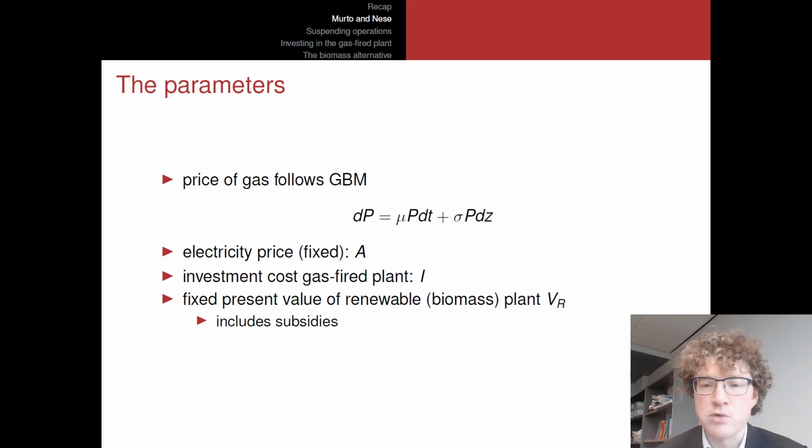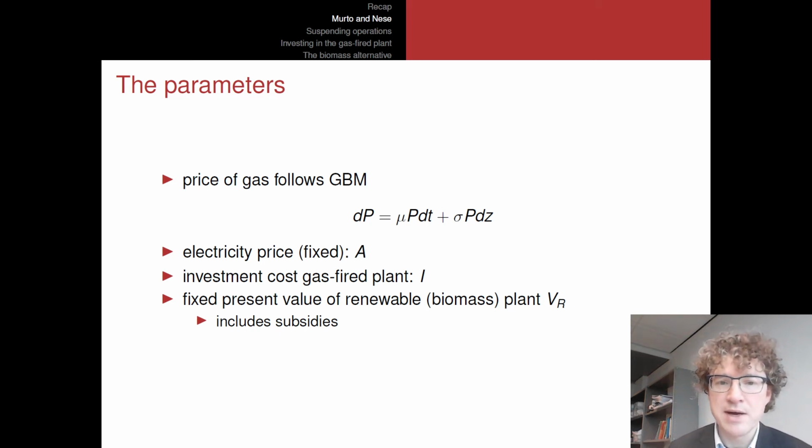I'm going to summarize this in one parameter, called V of R, for renewable. That's the total NPV of investing in this renewable plant, so it includes in particular the investment costs in this biomass plant. So those are the parameters that we have.